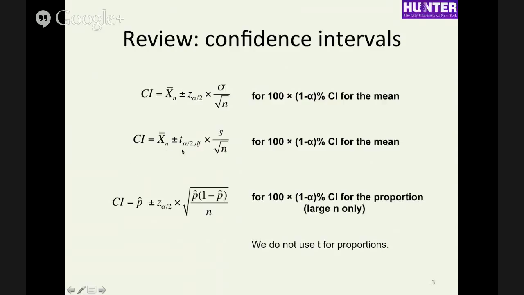Then we introduced the T distribution for when we have to estimate the standard deviation from the sample instead of knowing it from the population. When it's estimated from the sample, we use T for that same critical level, but then you also need to know the degrees of freedom.